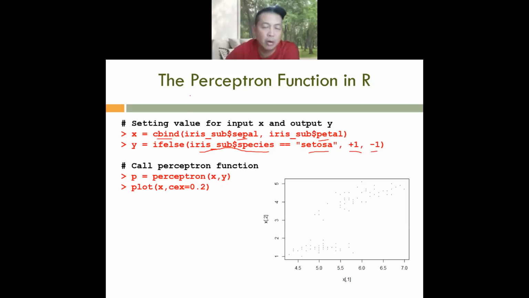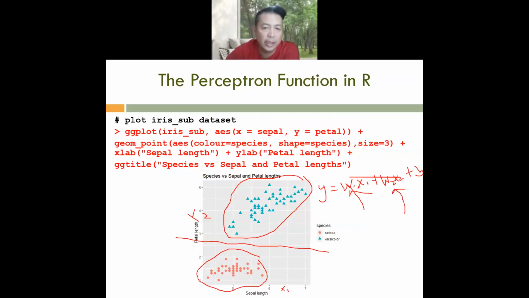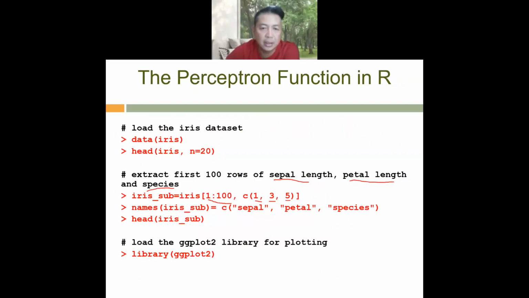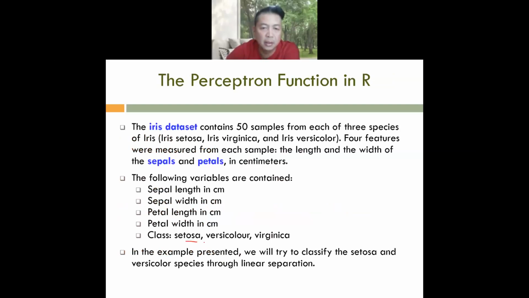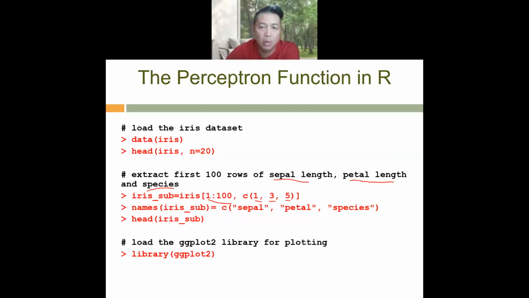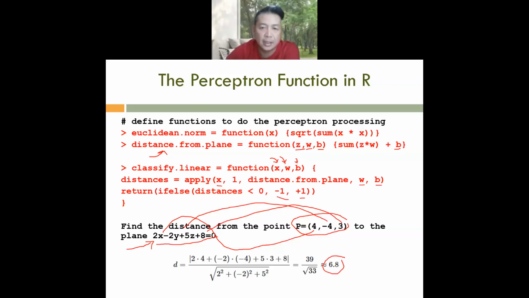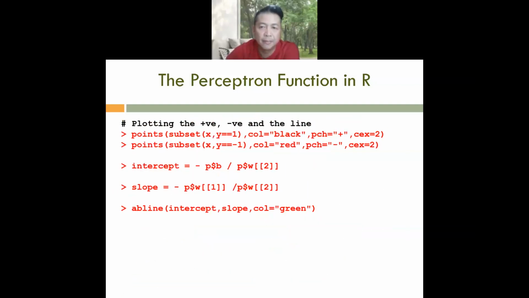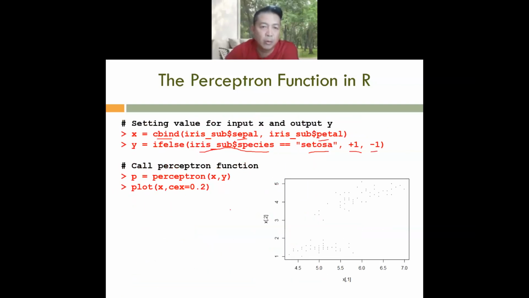So remember that for Perceptron, we only have binary. Even though here we have three classes, we are looking at one against the other classes. So given the X, the X is your sample and Y is your label.